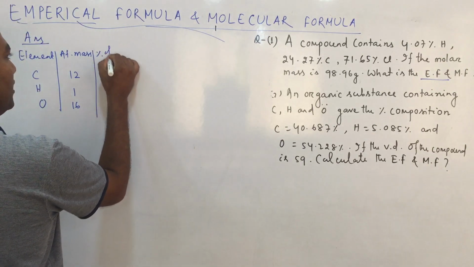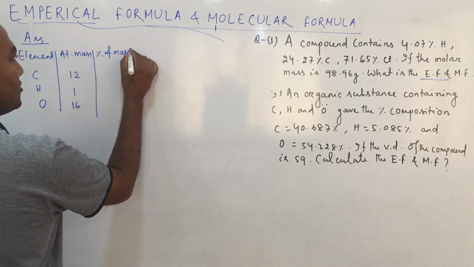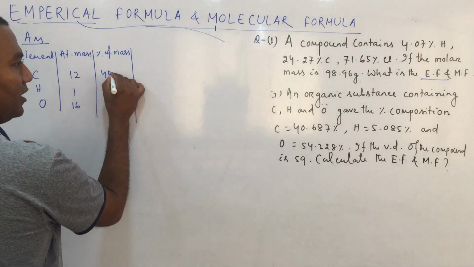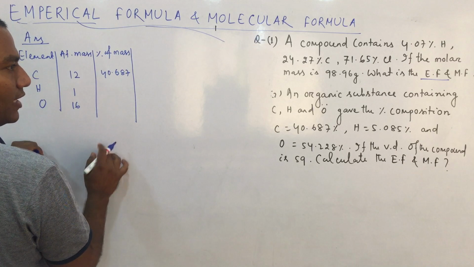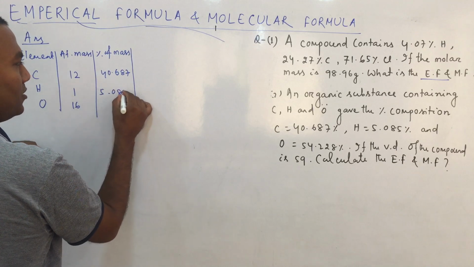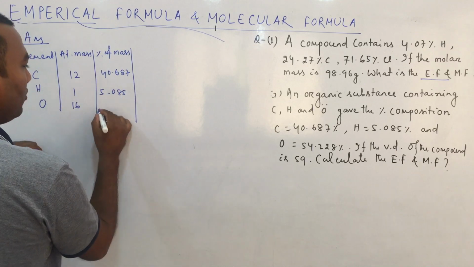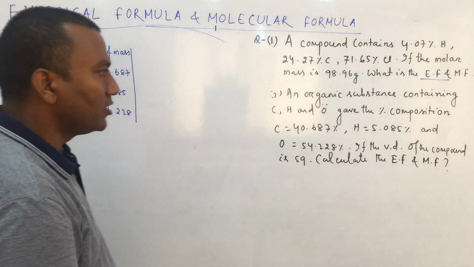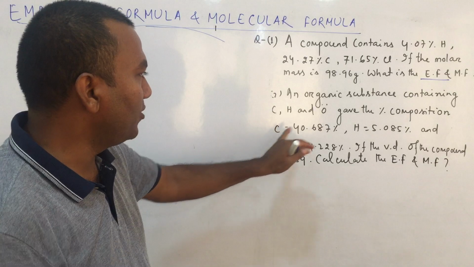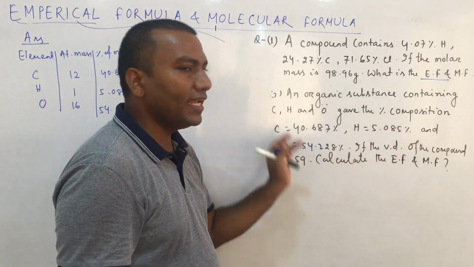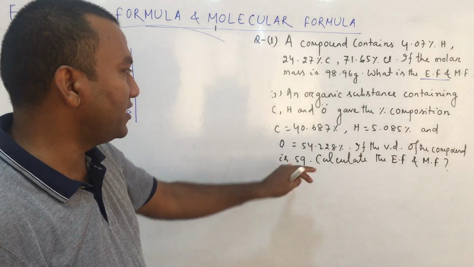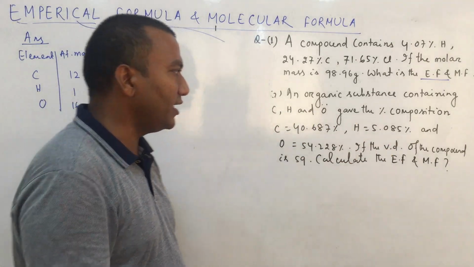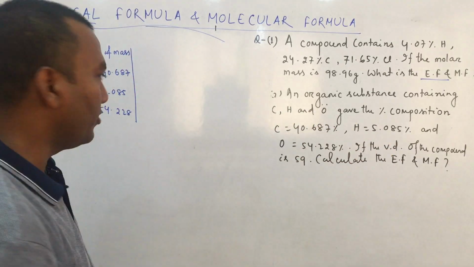Then percentage of mass: carbon 40.687, hydrogen 5.085, oxygen 54.228. And you will remember, sometimes the question will give carbon this much, hydrogen this much, and the rest is oxygen. If the rest is oxygen, you add these two and subtract from 100, and you get the same thing.